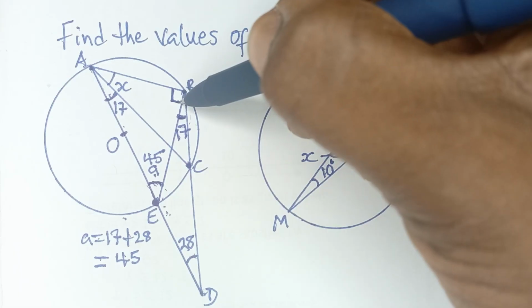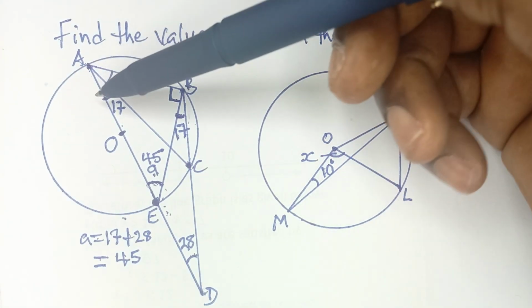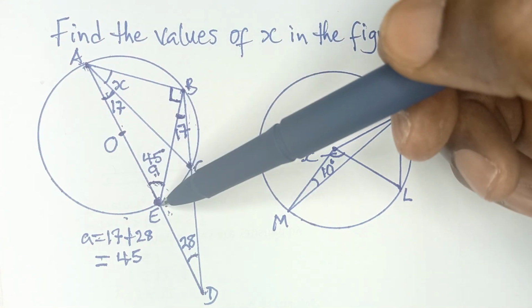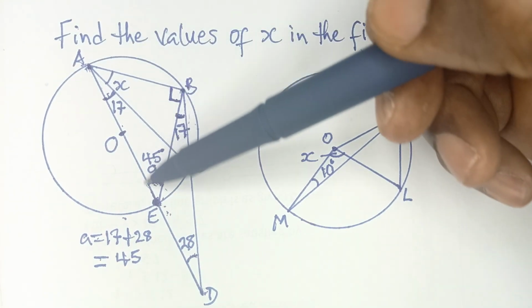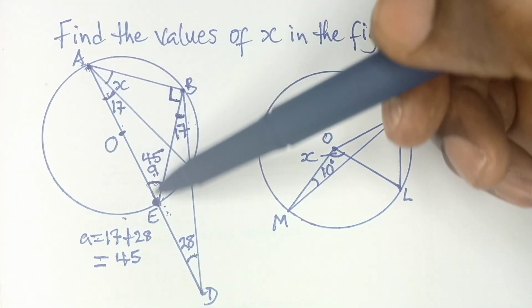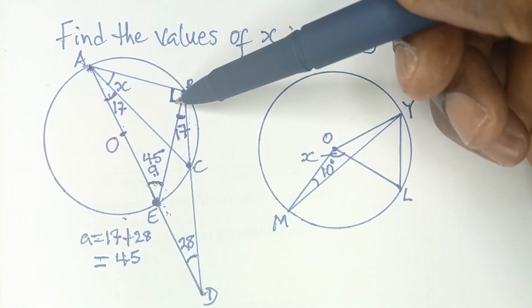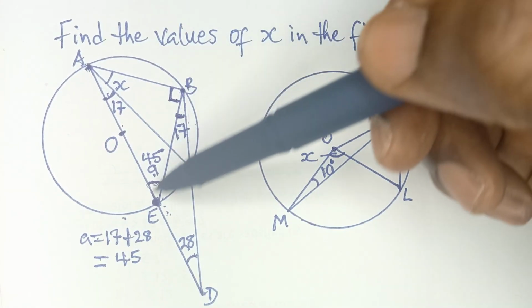And what theorem is that? That angle in a semicircle is a right angle. So this is a diameter that makes it a semicircle, a line that divides the circle into two. So this AE is a diameter and it produces a right angle in the triangle that it forms.